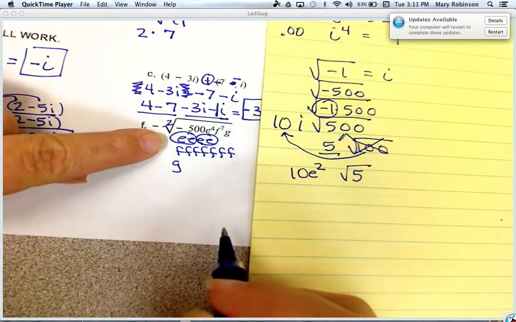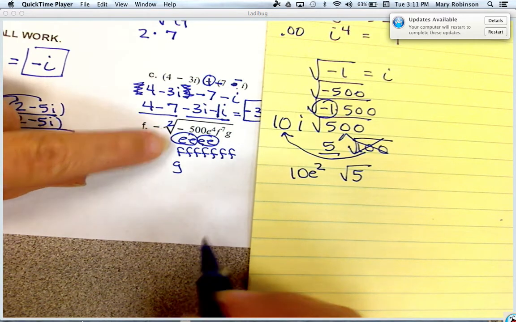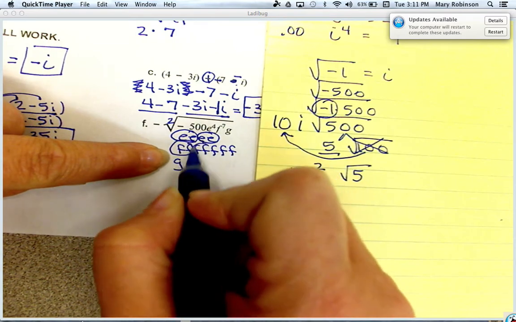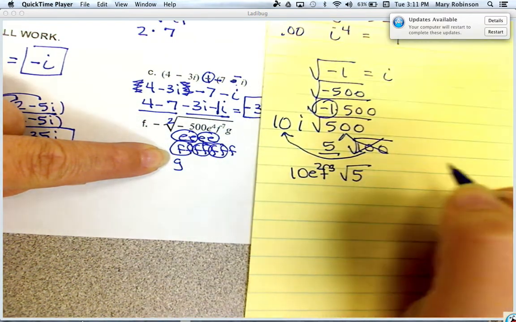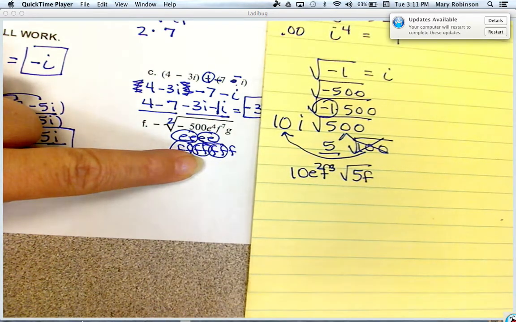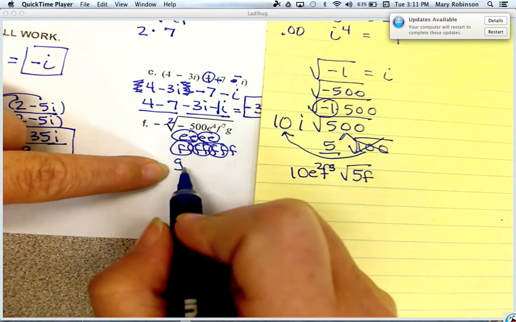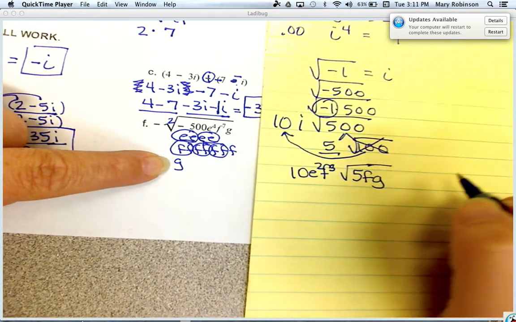If I were to have any E's remaining, it would remain under the radical. For my F's, I have 1, 2, 3 pairs, so I need F cubed in my answer. The F that's remaining goes under the radical. This G doesn't have another G to pair up with, so it also remains under the radical.